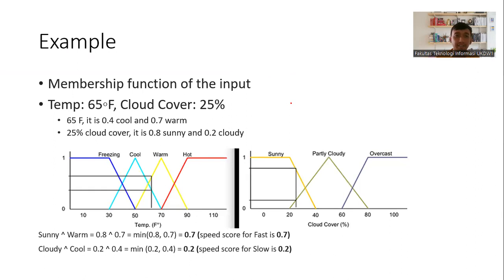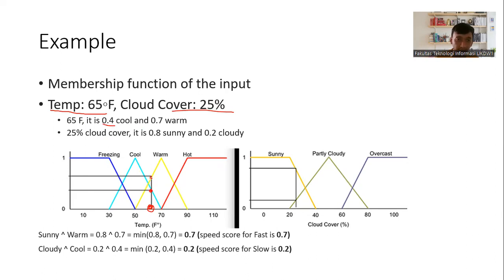And I give you one more example with the membership function that I mentioned before. We have a temperature of 65 degrees Fahrenheit and cloud cover of 25%. So the temperature of 65 is here, and for the cool condition we get 0.4.